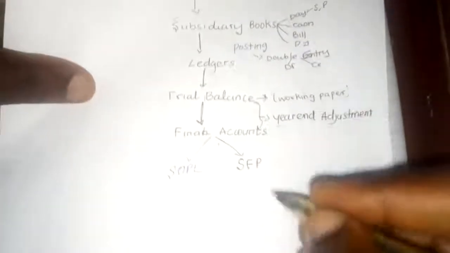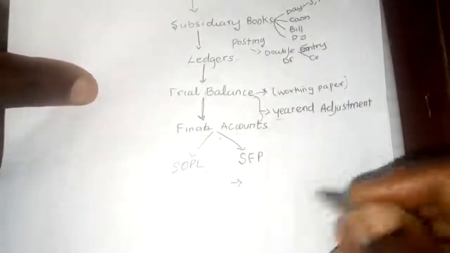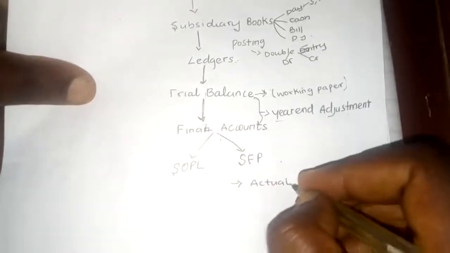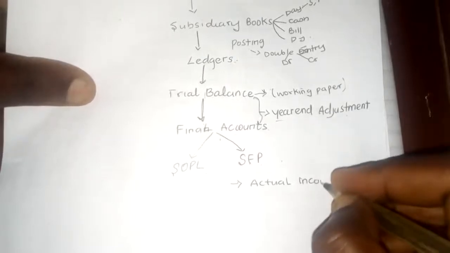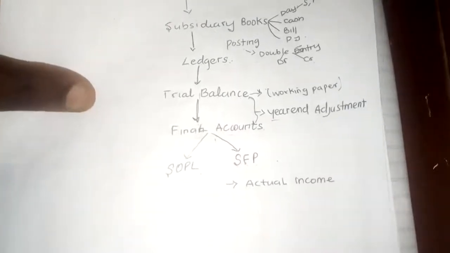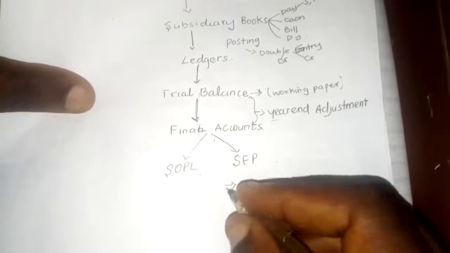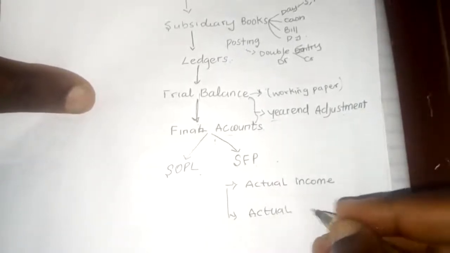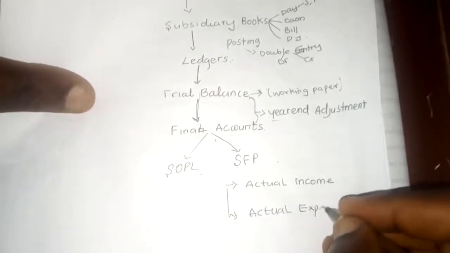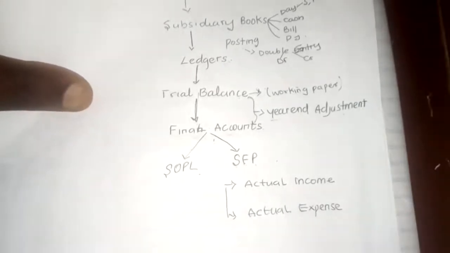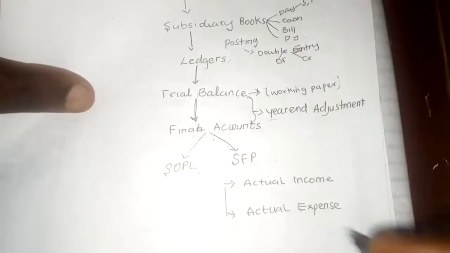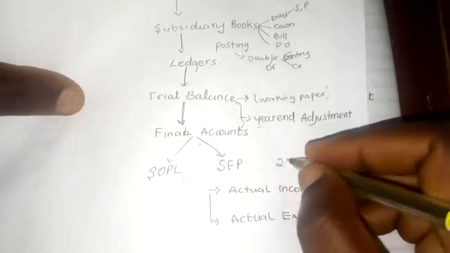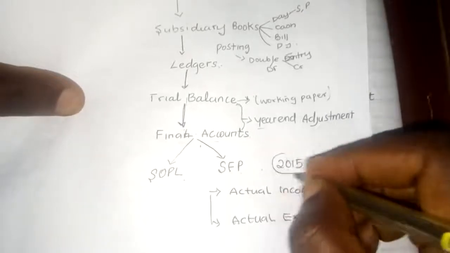Why? Because we must make sure that the actual income, write it down, is matched against the actual expenses. What I mean is that, for example, our accounting year is 2015.